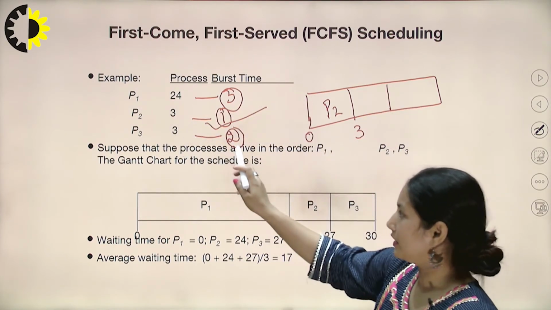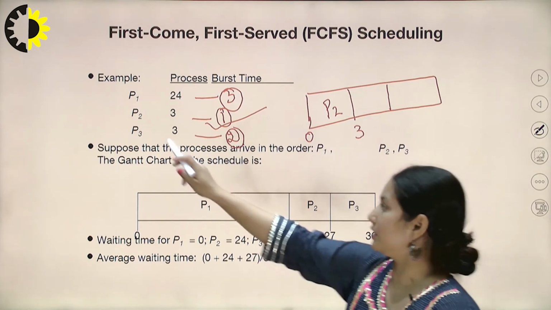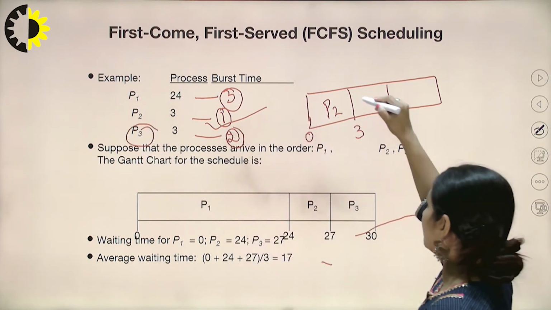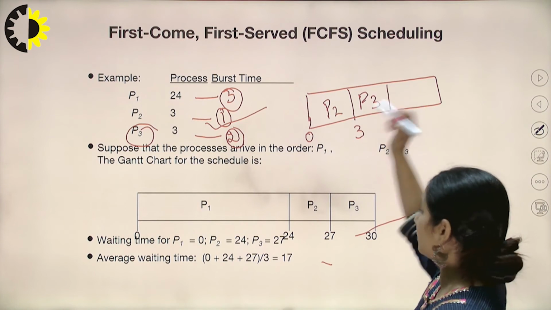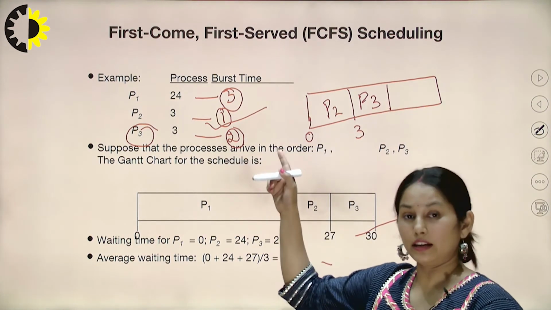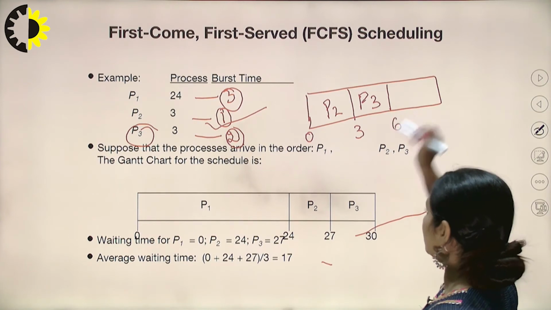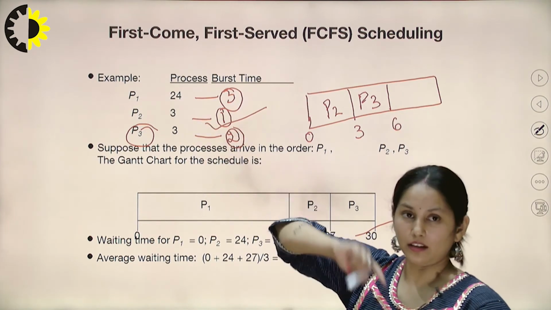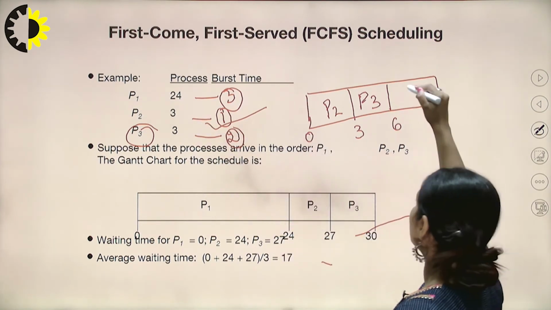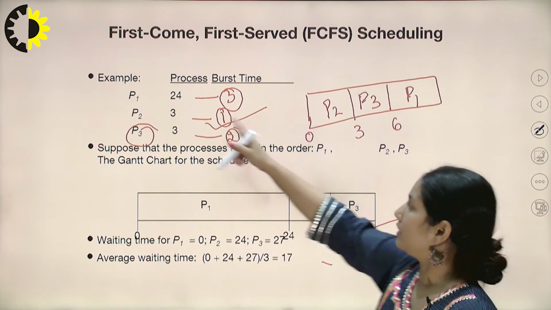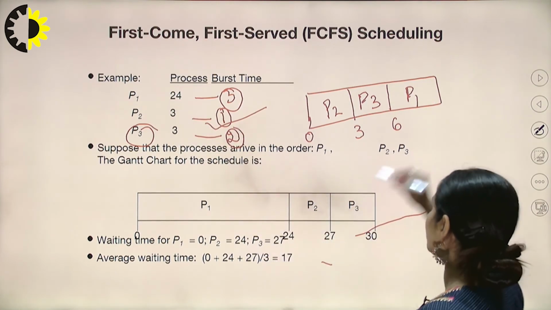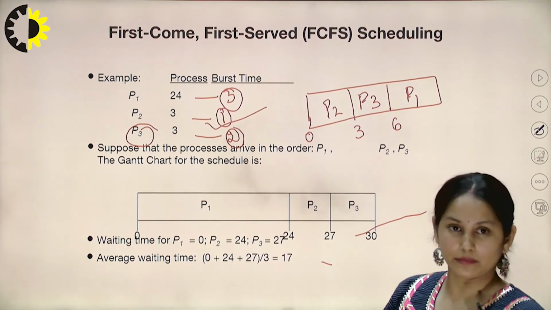After that, at the second arrival, P3 will be allocated the CPU. It will go up another 3 units, so that is 3 plus 3, 6. And then at last you will have P1, with a burst time of 24. So 24 plus 6, that is 30.